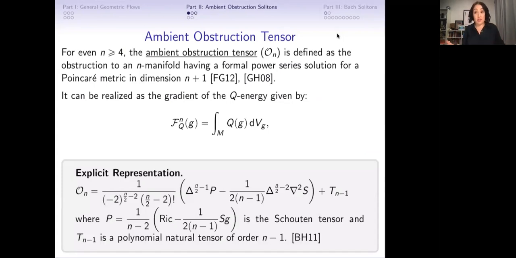It has an explicit representation. That's pretty nice. But then we look at the explicit representation and we see that it is not nice. I mean, for one thing, we have this Schouten tensor, we have our scalar curvature term here and Ricci, and so it's really combining a lot of different aspects and measures of curvature in a nice way. But then we get this ambiguous polynomial natural tensor of order n-1 that's just tacked on at the end.